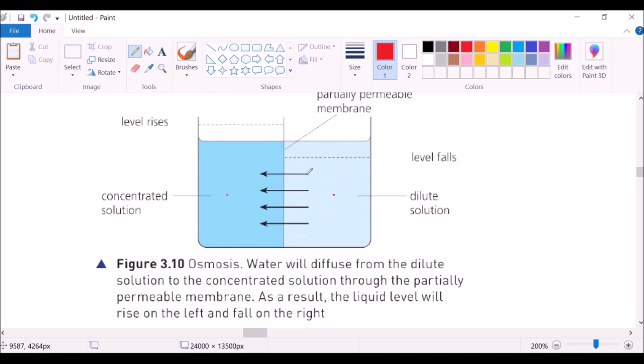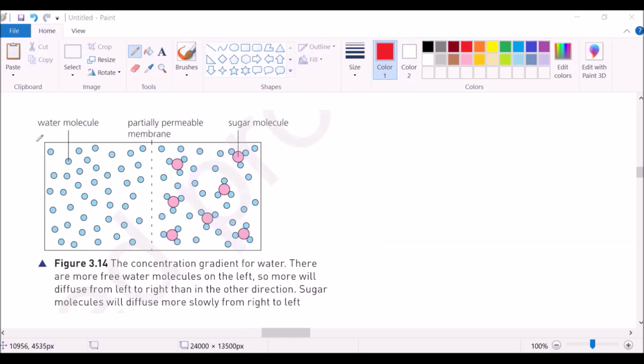So water will move from the dilute solution into the concentrated solution across this partially permeable membrane. So as a result, the level on this side will go down because water is being lost, and the level on this side will go up because there is gain of water. To illustrate this, we can use this diagram. This is a partially permeable membrane which only allows small molecules like water.